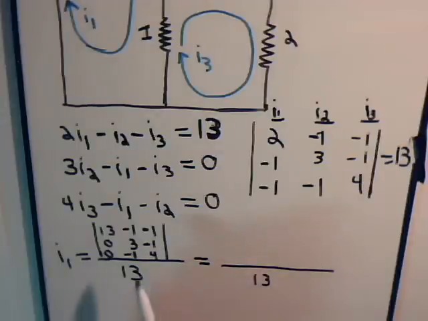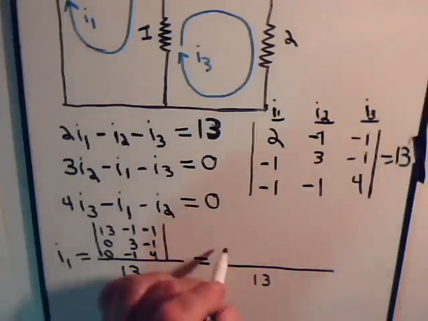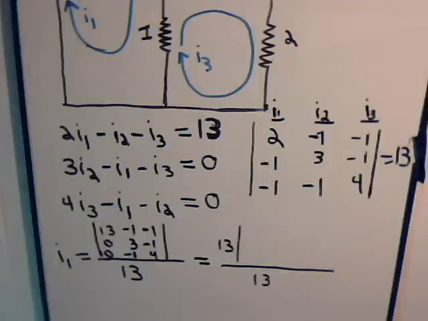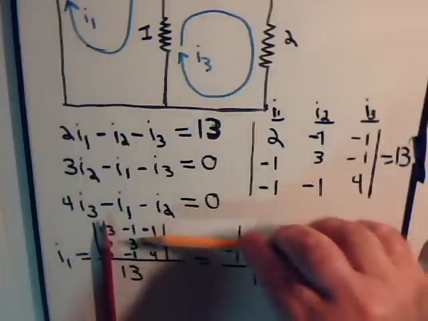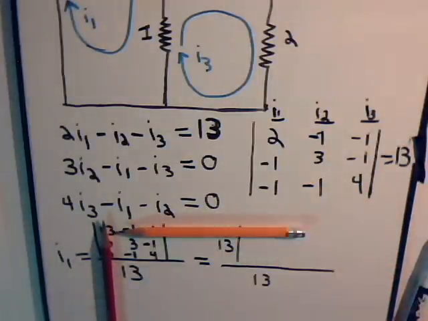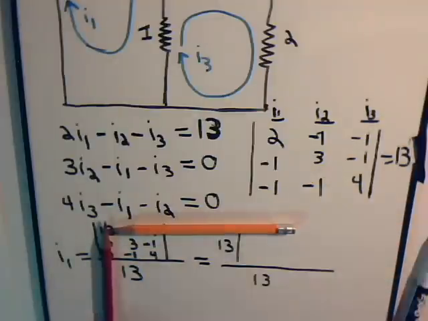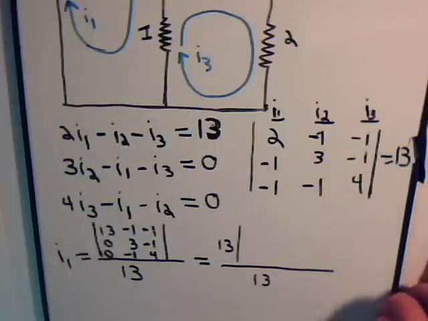Determine the value of this determinant here. Expanding across by minors again, we have 13 times, and again, cover up that column, cover up that row, and hopefully you can see it all right. There is a 3, -1, and a -1, 4.